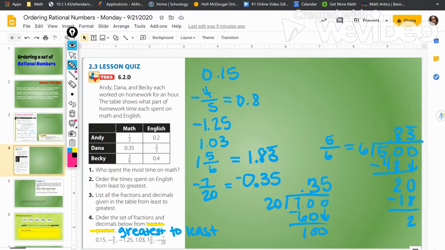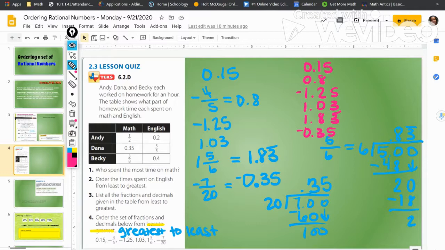Now I'm going to take all these decimals. I'm going to rewrite them again. We turned 5/6 into 83 hundredths, repeating. And negative 7/20 into negative 35 hundredths.